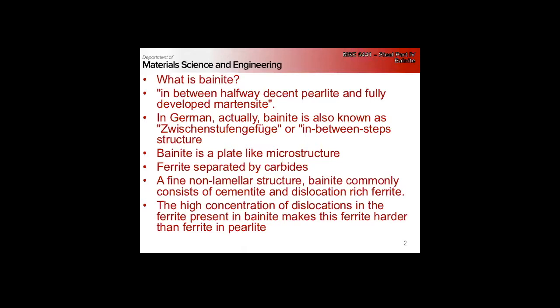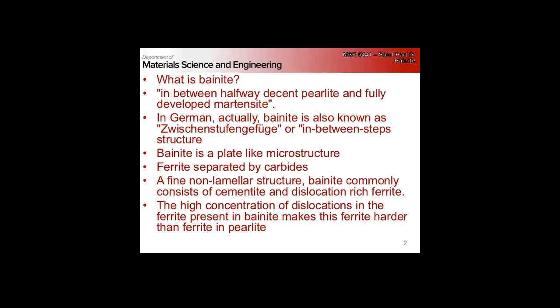People still argue about what the actual mechanism for Bainite growth is, but basically it's these plates of ferrite that are separated by carbides, right? It's not a lamellar structure like pearlite, where everything's nice and orderly.